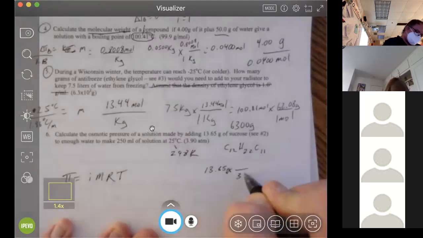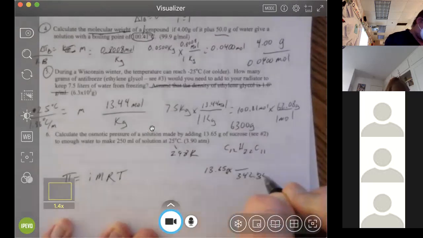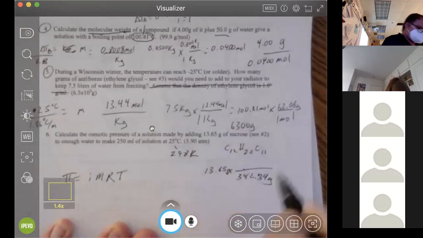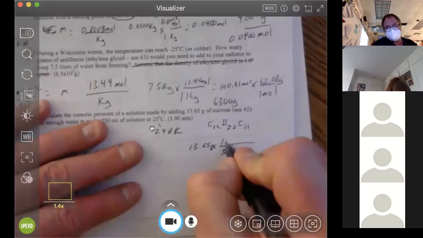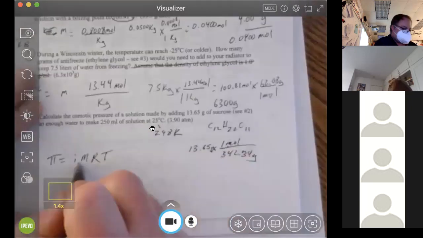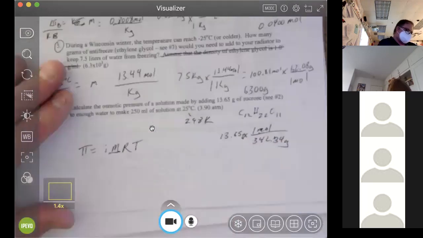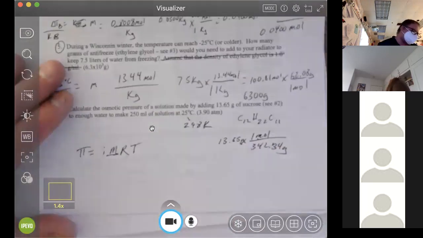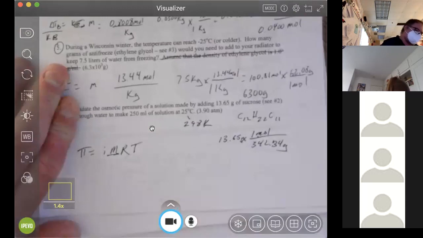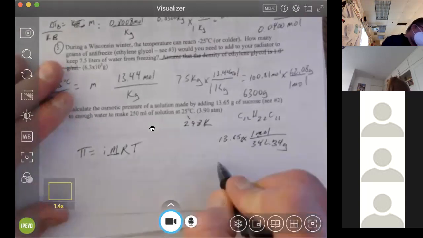I have a question: is the M in this case uppercase, as in molarity? It is, that is molarity. Good call. So 13.65 divided by 342.34 would be about 0.03987.